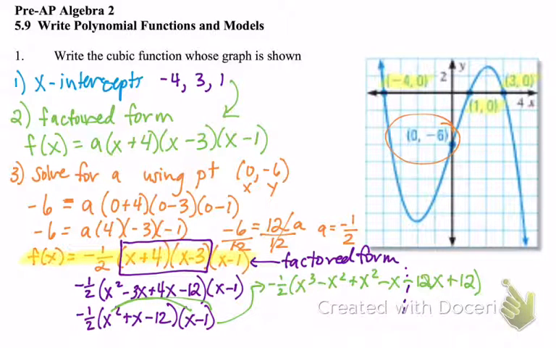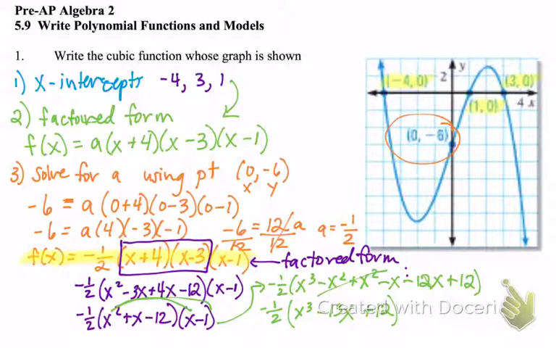Then I combine, so the x squareds cancel, x cubed minus 13x plus 12. Don't forget the -1/2 out front. I'm going to erase those dots.